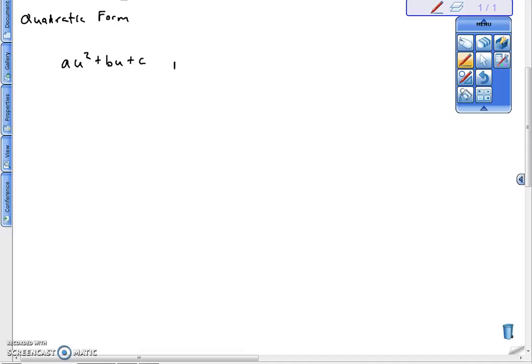And the important part is that U is some expression of X, or some expression in X. Okay, so what does that mean? U being an expression in X, basically U is going to end up equaling something that has X in it.